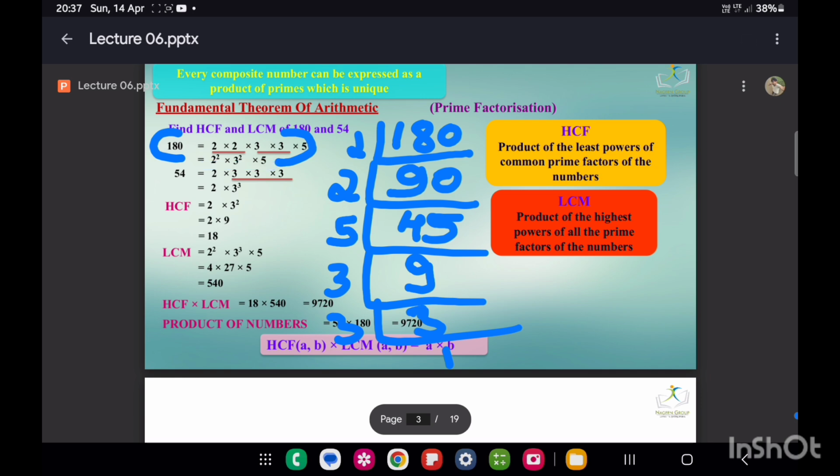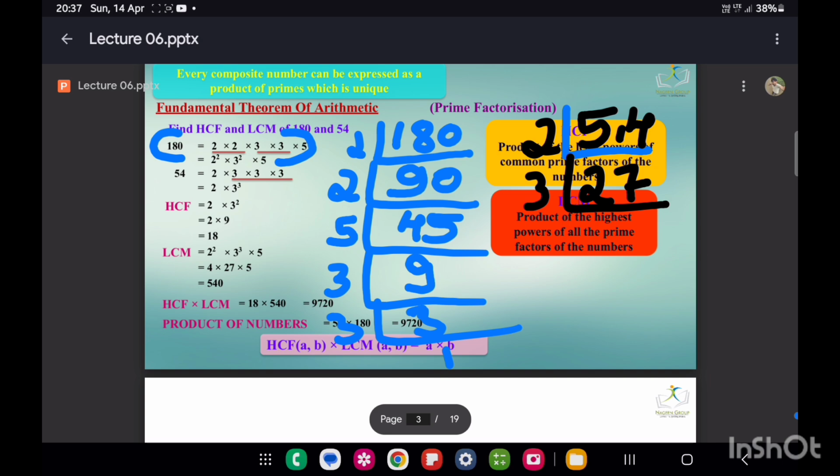Next we can take 54. First we have to divide it by 2. 2 twenty-sevens are 54. Again it will not divide by 2, so we have to go for the next number, which is 3. 3 nines are 27, and then 3 threes are 9.